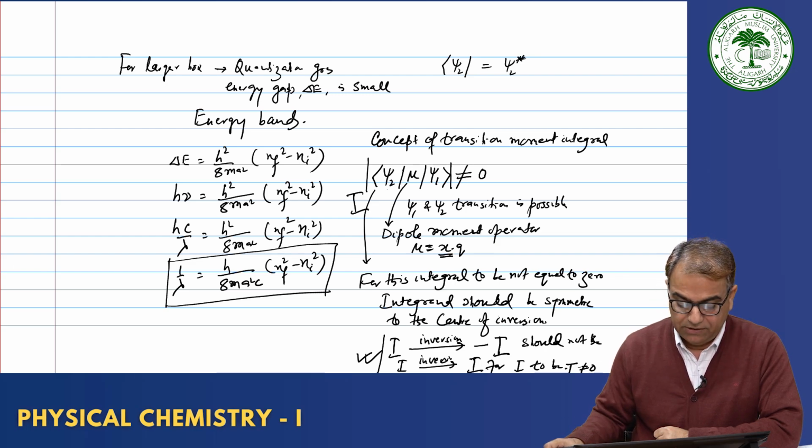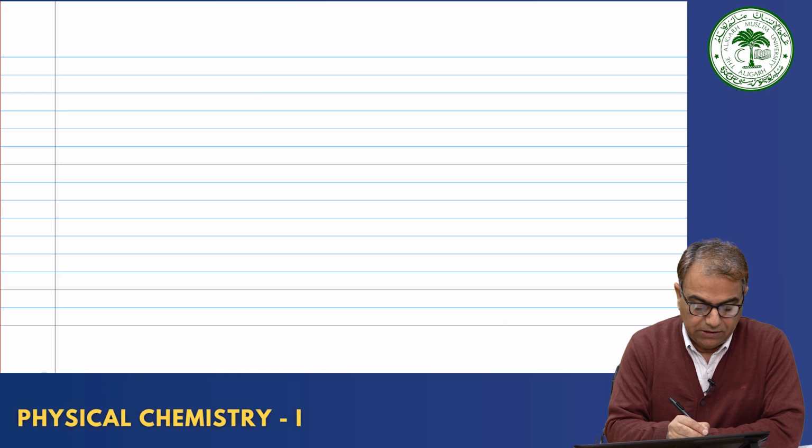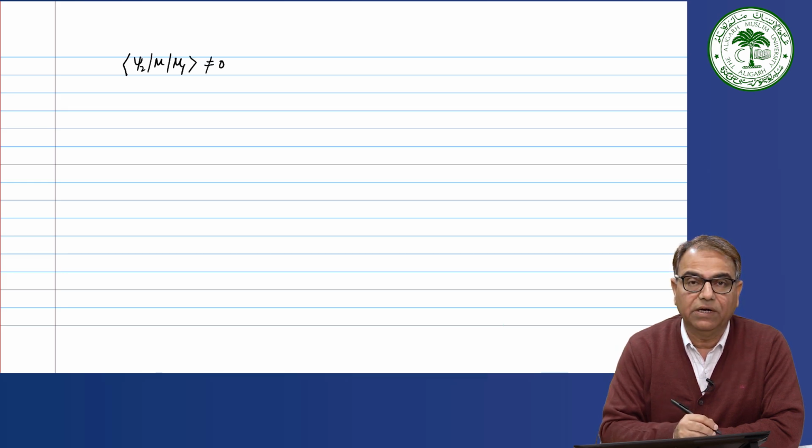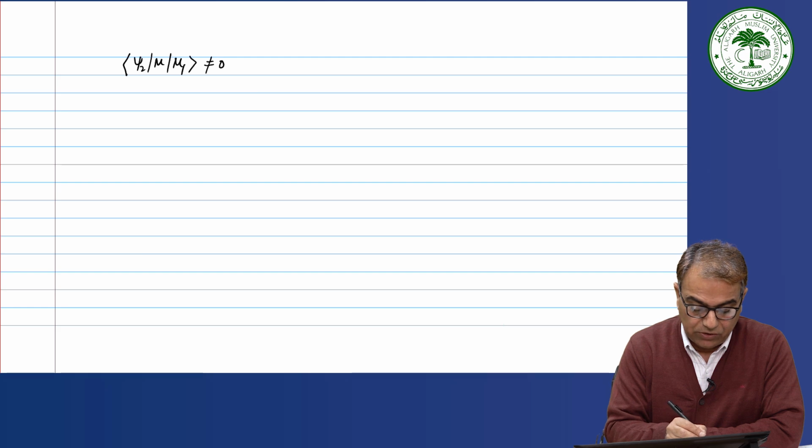If you have this transition moment integral as psi 2 mu psi 1 like this one, then mu is actually x.